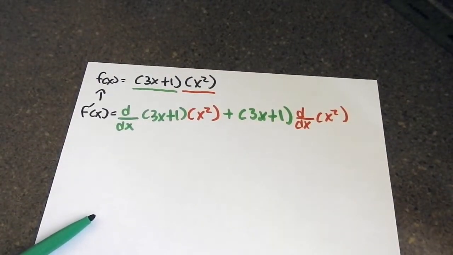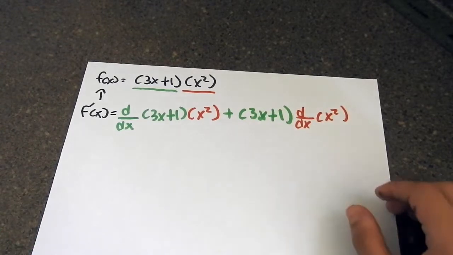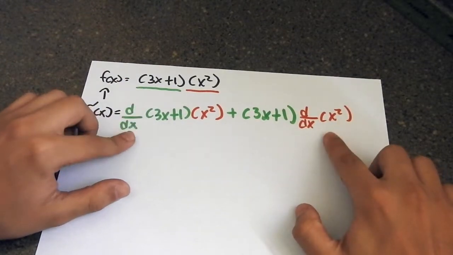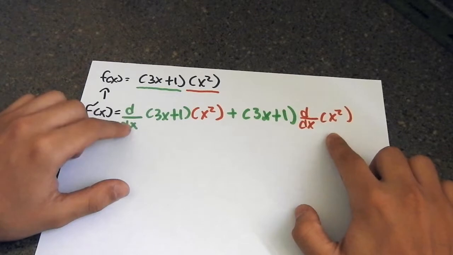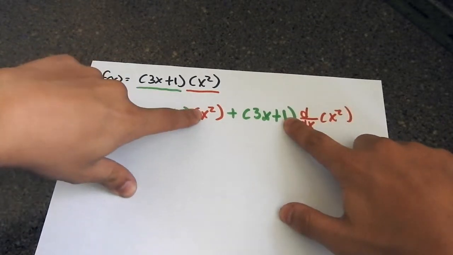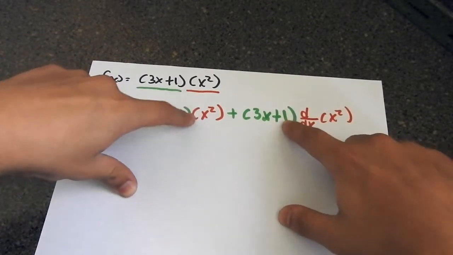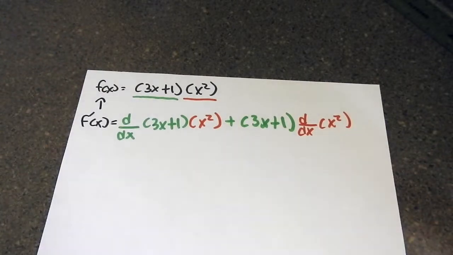So now, what do we have to do? We have to apply the derivative operators to both of these, multiply them by their factors, and then just simplify the expression to give an answer.